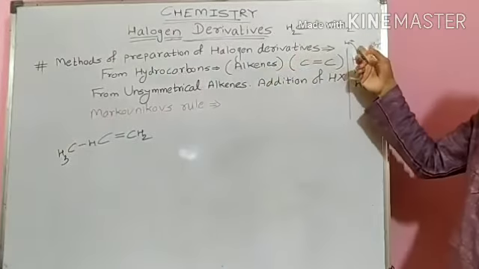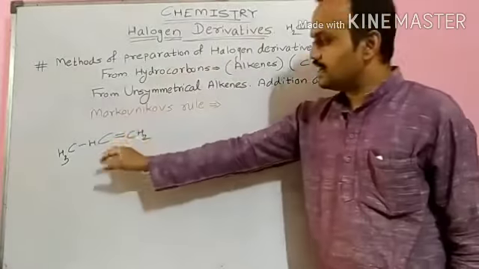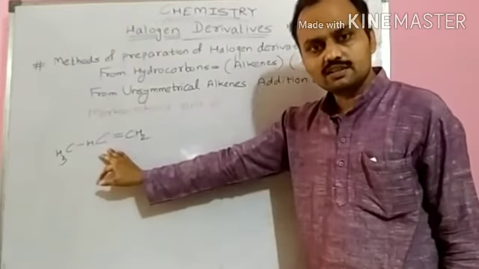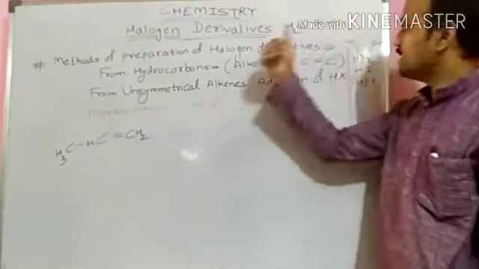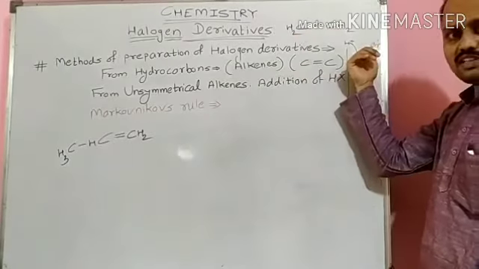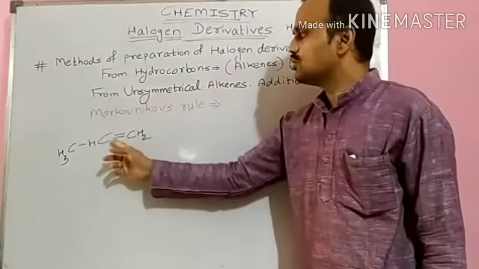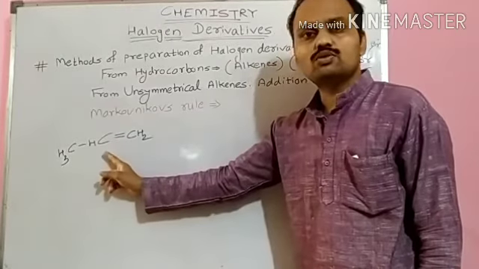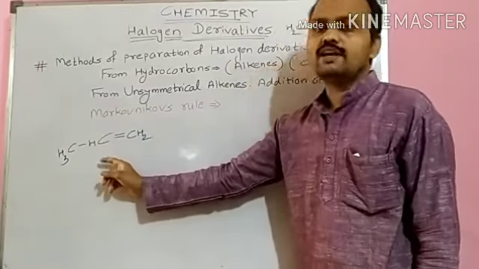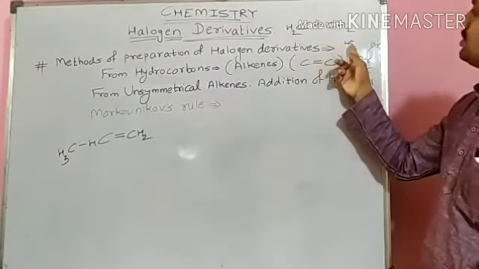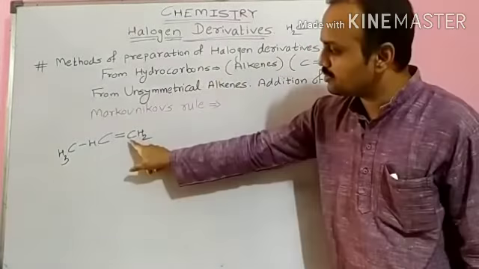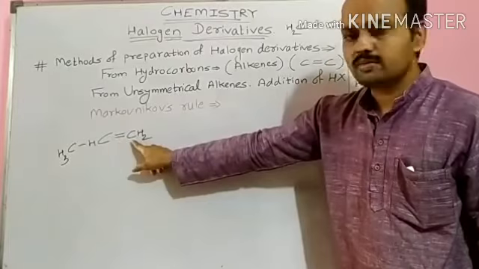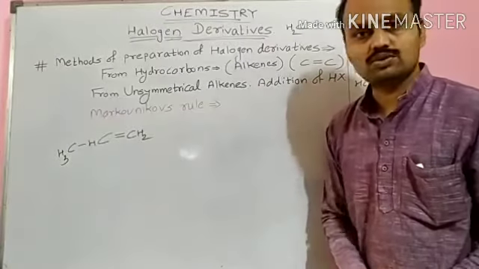When an unsymmetrical reagent is added to an unsymmetrical alkene, the negative part of that reagent gets attached to the unsaturated carbon atom having fewer hydrogen atoms attached to it, and by default the positively charged hydrogen will go to the unsaturated carbon atom having more hydrogen atoms.